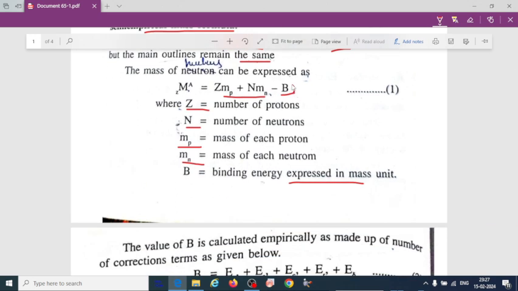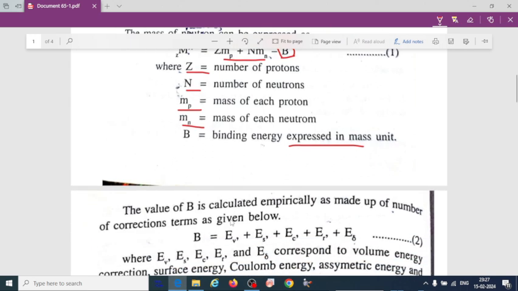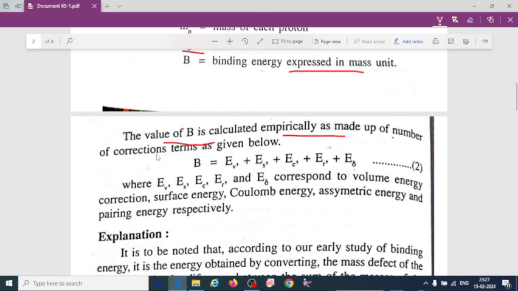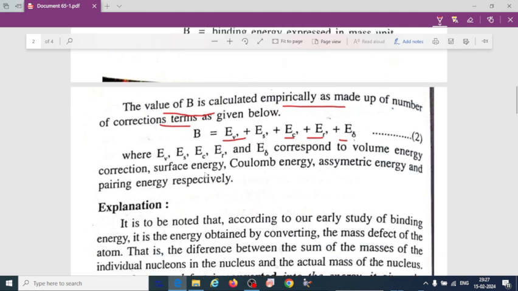For this B, we have to calculate the correction terms. The value of B is calculated empirically as made up of a number of correction terms, related to volume, surface, Coulomb energy, asymmetric energy, and pairing energy. Adding these correction terms, we get the value of binding energy.